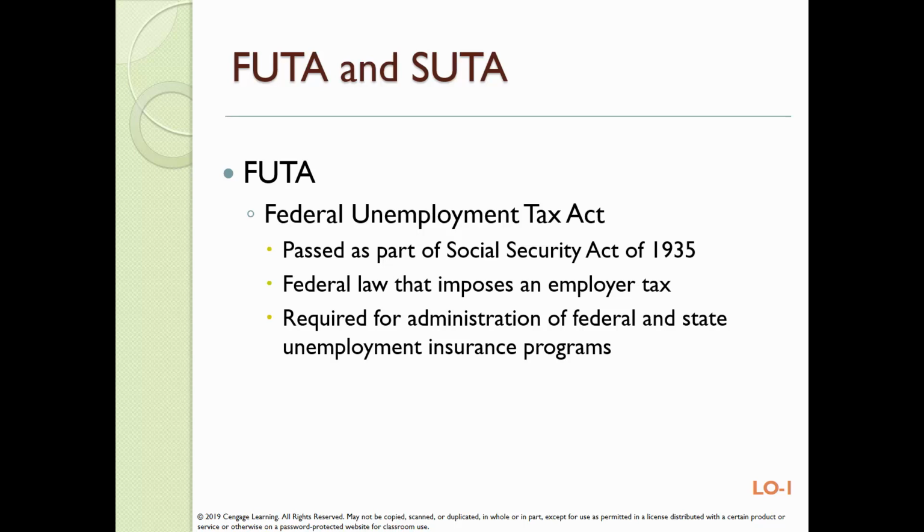Prior to that, we know we had none, right? No child labor laws, no overtime, no Social Security, no Medicare, no unemployment, no workers' comp, et cetera, et cetera, et cetera. FUTA was part of this. Again, FUTA doesn't do the unemployment. The FUTA and SUTA both come under FUTA, if that makes sense.